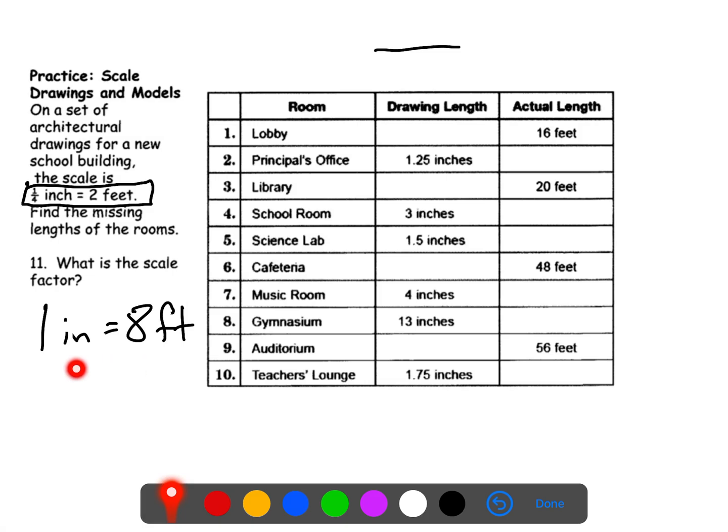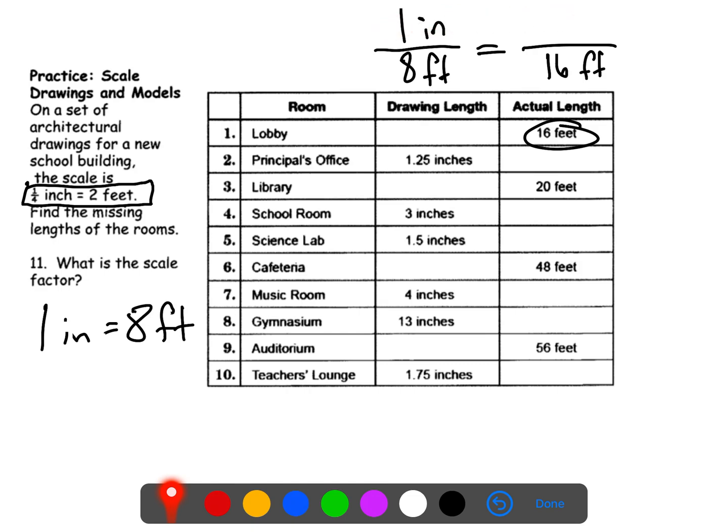This one might avoid using fractions a little bit. So we'll do 1 inch on the drawing is equivalent to 8 feet. Set up our proportion, and now we have 16 feet. That's got to go on the bottom of my next ratio so that I'm lining up the actual measurements and finding the scale drawing measurements.